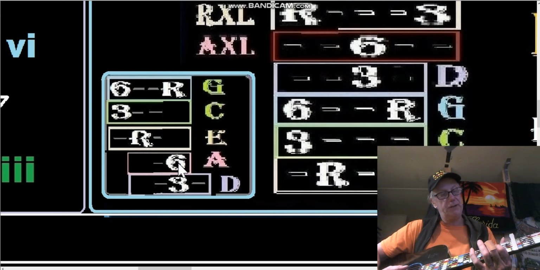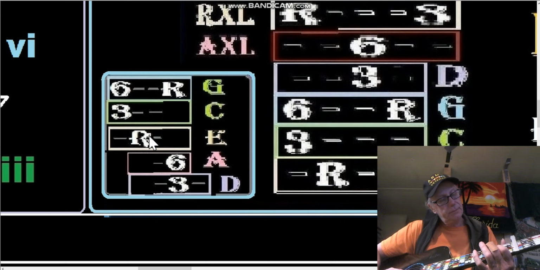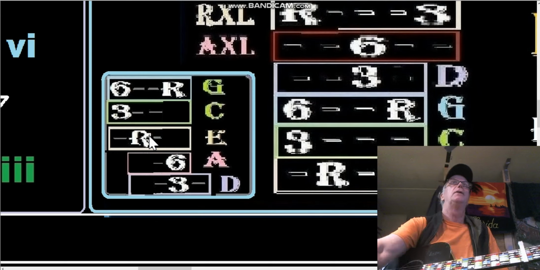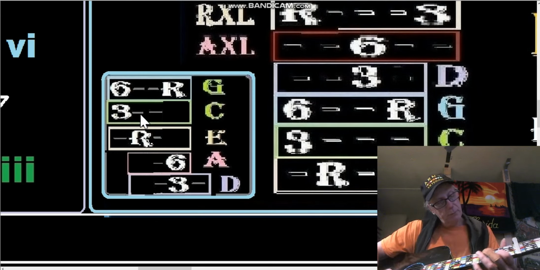We're carving out an E minor here, okay, and then the root, but that root is the G now. And then the 3rd, but warp it up.